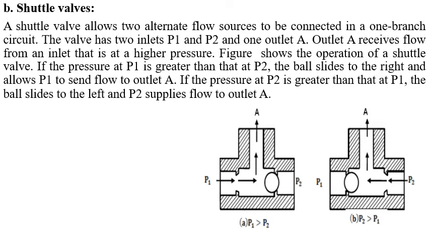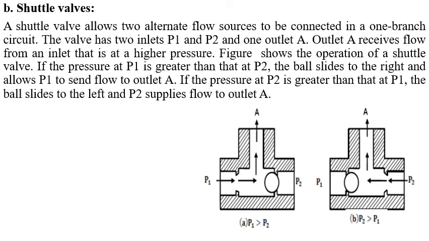In this case, what will happen? In the operation of a shuttle valve, if the pressure at P1 is greater than at P2, the ball slides to the right. The ball slides towards the right and allows P1 to send the flow towards outlet A.